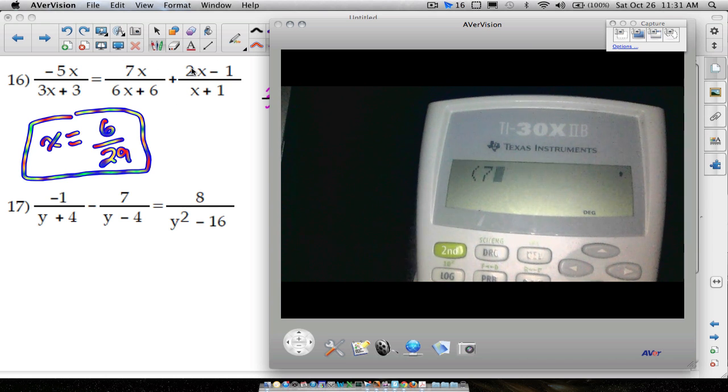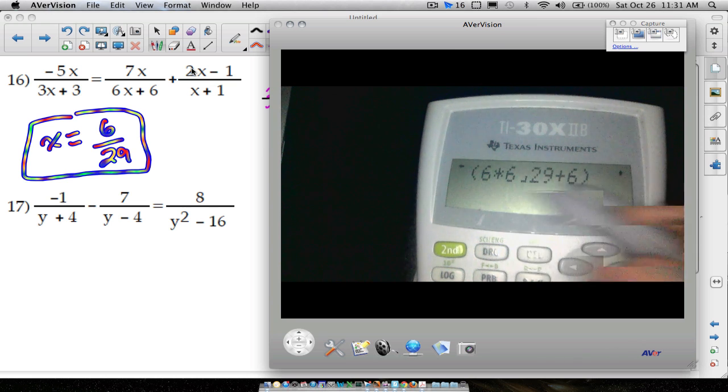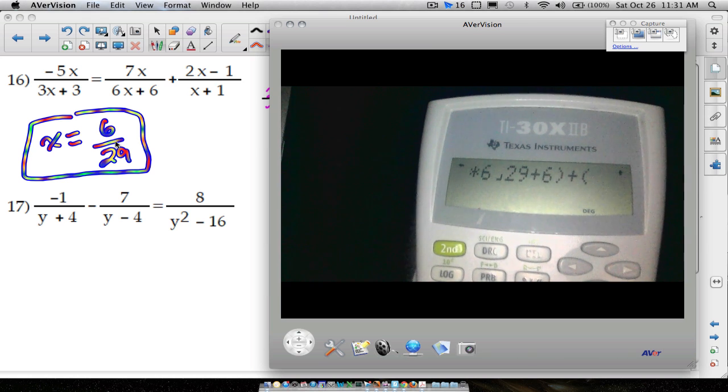7 times 6 over 29 divided by 6 times 6 over 29 plus 6. All that stuff I just typed in with the parentheses, that was that first piece. Now we can add plus, and now I'm going to type all this in, plugging in 6 over 29 for x. Using parentheses still.